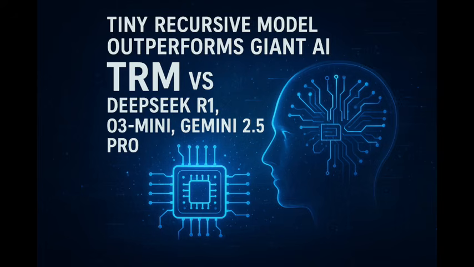And the other technique, ACT, adaptive computational time. Yeah, ACT. This is directly inspired by that System 1, System 2 idea, managing computational resources. The goal is for the model to dynamically decide when it has computed enough and should halt. How did HRM implement that? They used a Q-learning approach. A small Q-head network was attached to the main model. This head predicts the Q values for two actions, halt or continue.